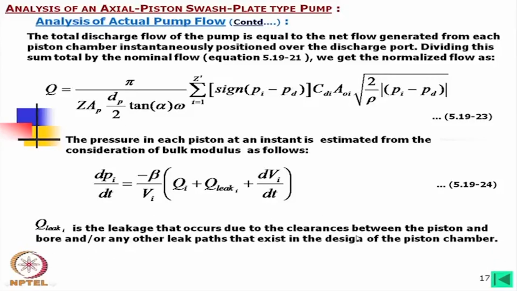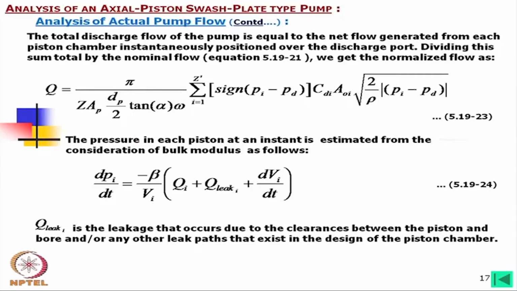Now, Q leakage i is the leakage that occurs due to the clearance between the piston and bore and any other leak paths that exist in the design of the piston chambers. Normally, while calculating this pressure development, we need to consider the leakage past the pistons and the bore, that is most important.